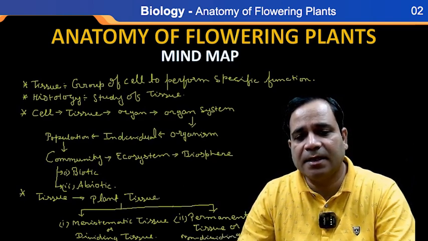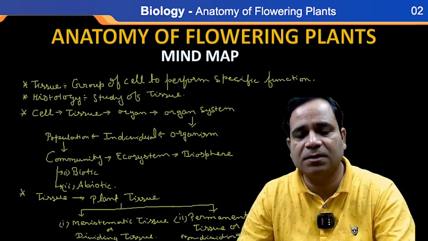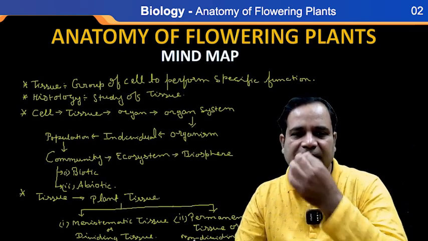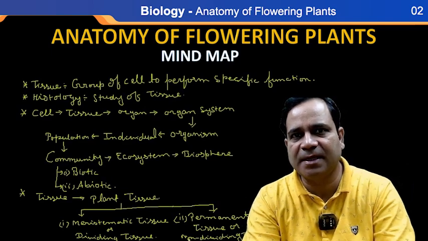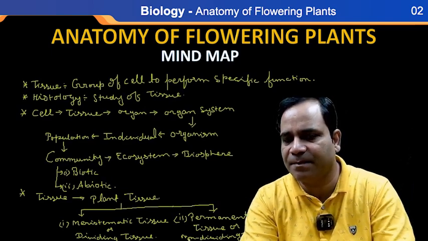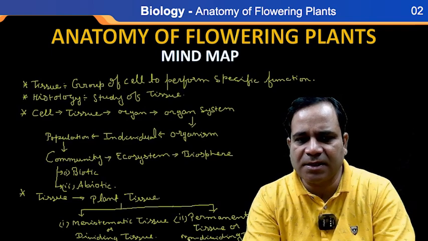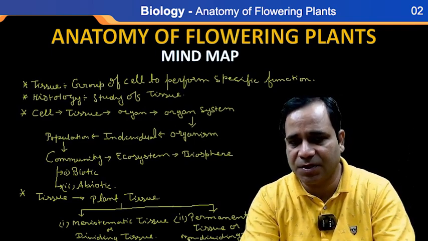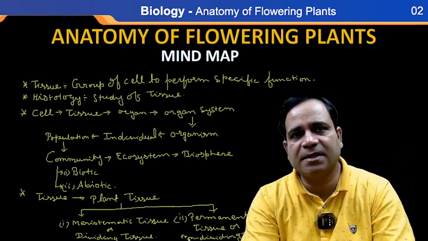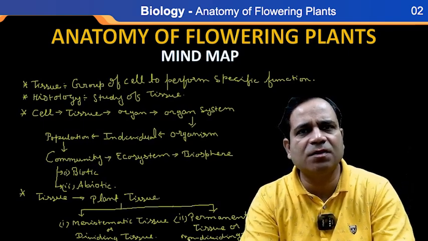So plant tissue is further classified into two parts. One is meristematic, and the second one is permanent. Meristematic tissue is the dividing tissue, and permanent tissue is also known as non-dividing tissue.